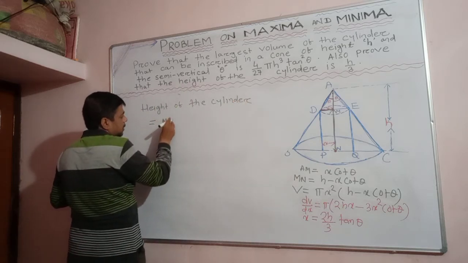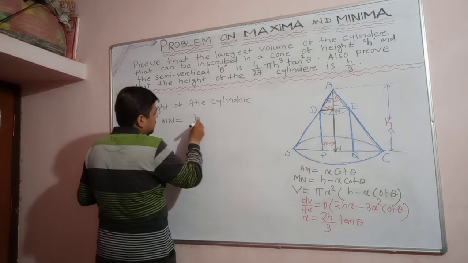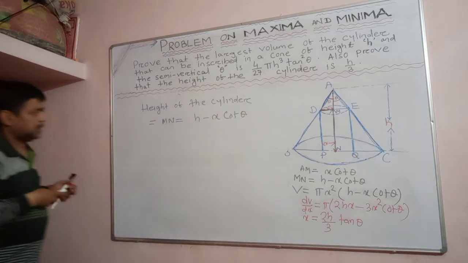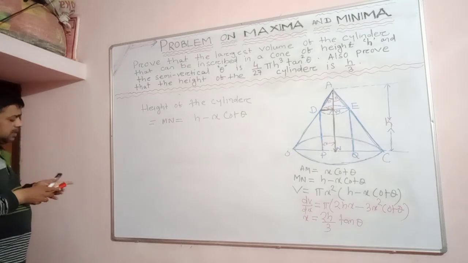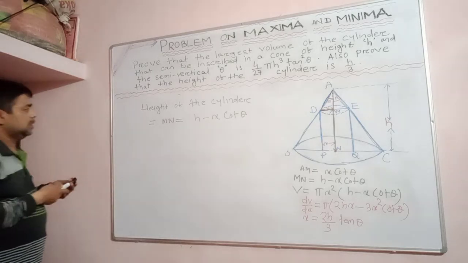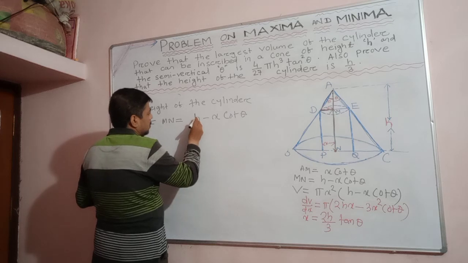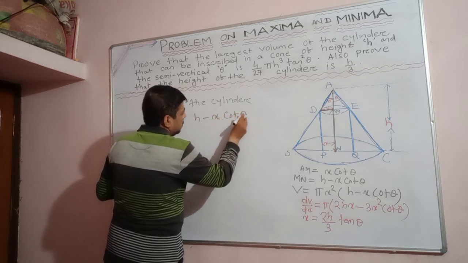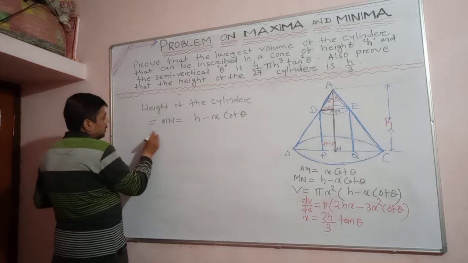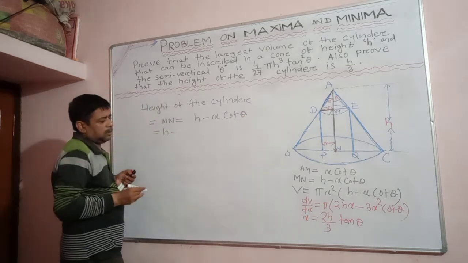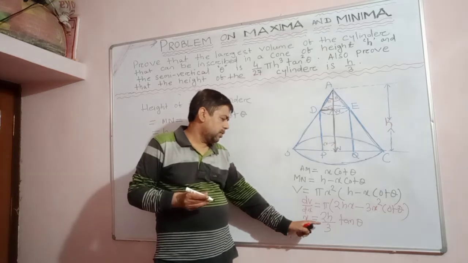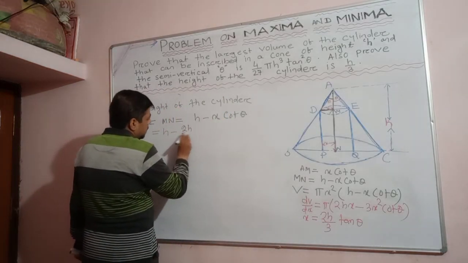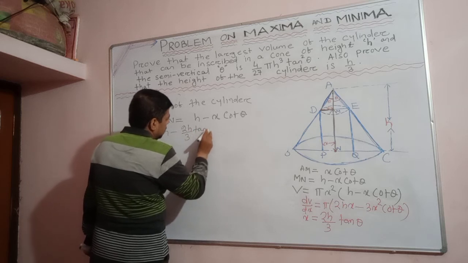Already you know Mn, and this Mn value is h minus x cot theta. The height of the cylinder is h minus x cot theta. And that is equal to h minus, what is the value of x? x is equal to 2h by 3 tan theta. Using this value, 2h by 3 tan theta into cot theta.